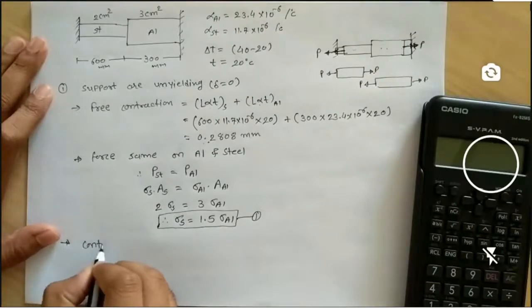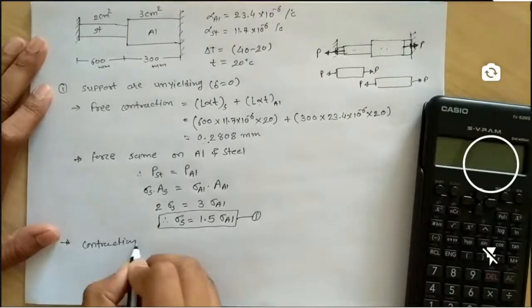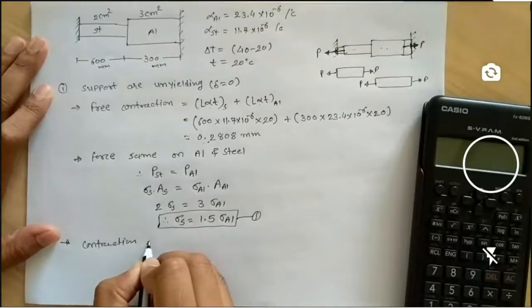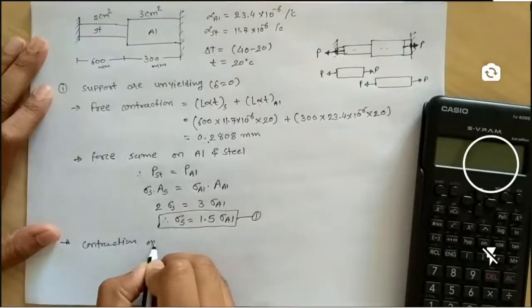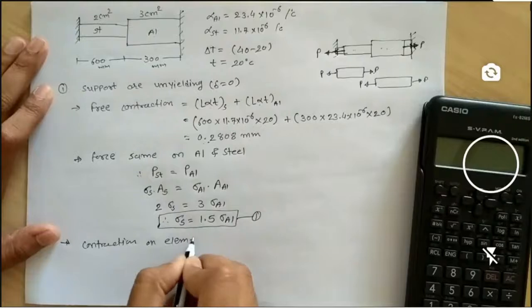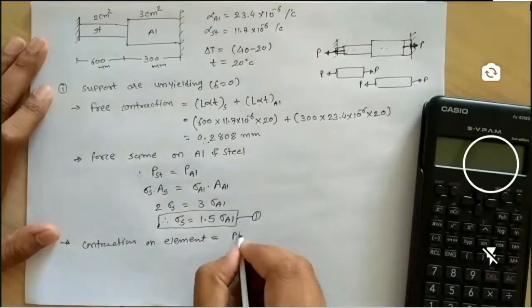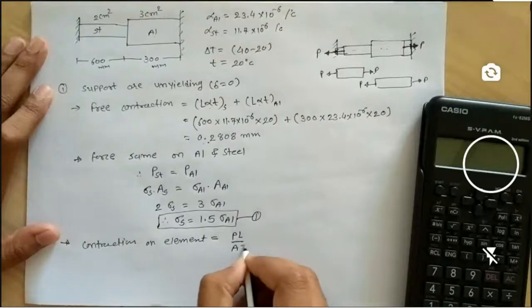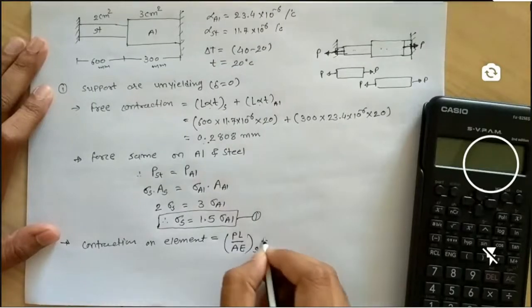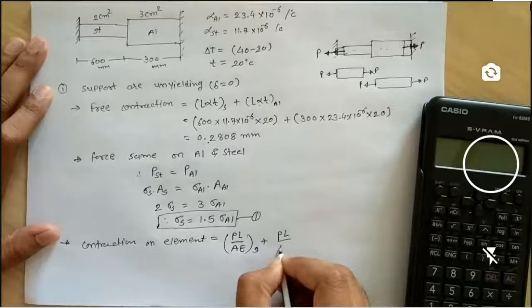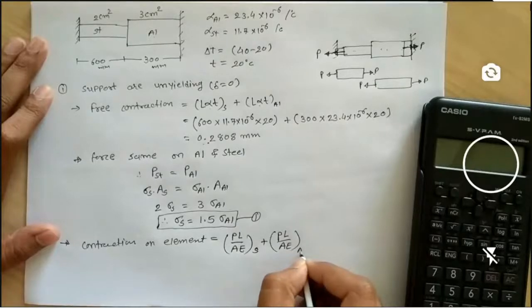So the contraction on the element is PL by A of steel plus PL by A of aluminum.